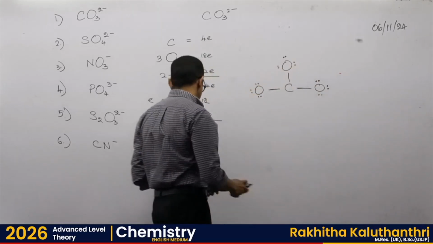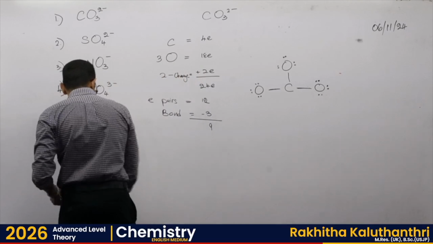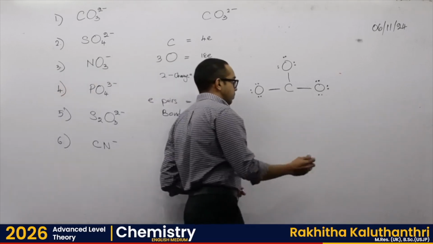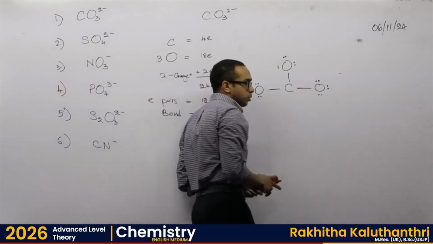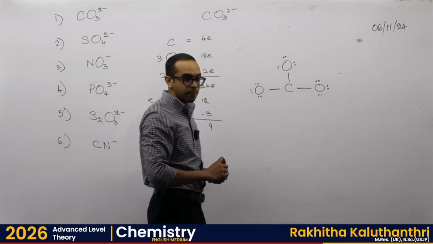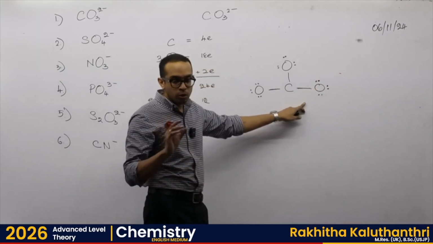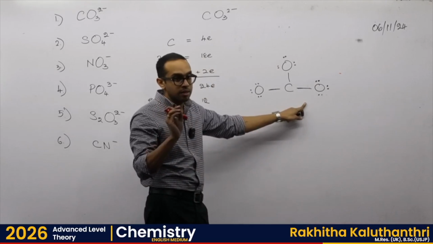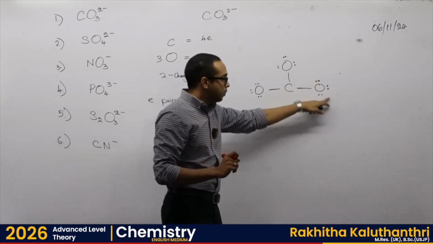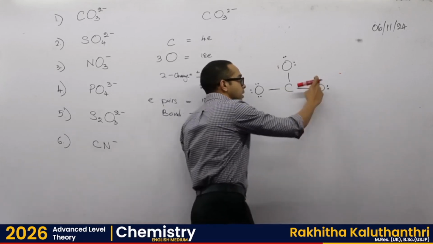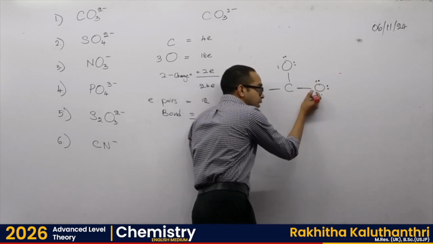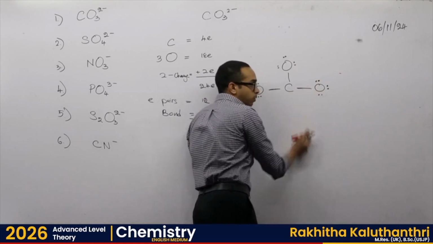And then we have to see formal charges. Formal charges are calculated by seeing how many electrons are there in each atom. Oxygen should have only 6 valence electrons, but this particular oxygen has 6 electrons here, and in this bond there is 1 electron of oxygen.